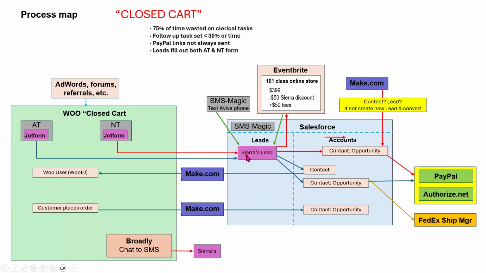Sierra wasn't even seeing it. They could have been in here as an old lead from a year ago, still haven't bought training, or maybe they went with training with another company and then they come over here and fill out a new form, but Salesforce blocks them and Sierra didn't even know that they came back in. So she's getting email notifications of each one of these in addition to seeing it in Salesforce, which is annoying.